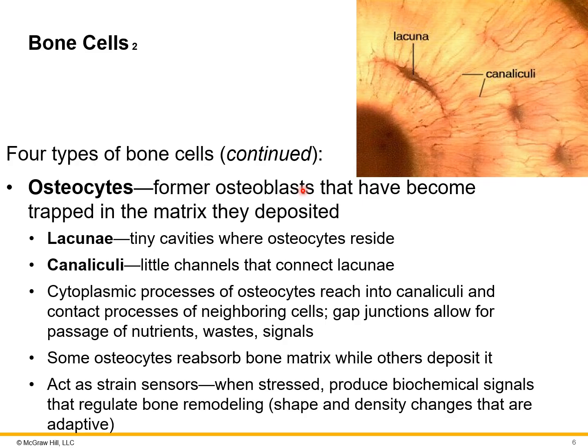So when stresses get put on bone, these osteocytes will detect that, and they will produce biochemical signals that will regulate bone remodeling, which will form additional bone along lines of stress, changing the shape and density of the bone.